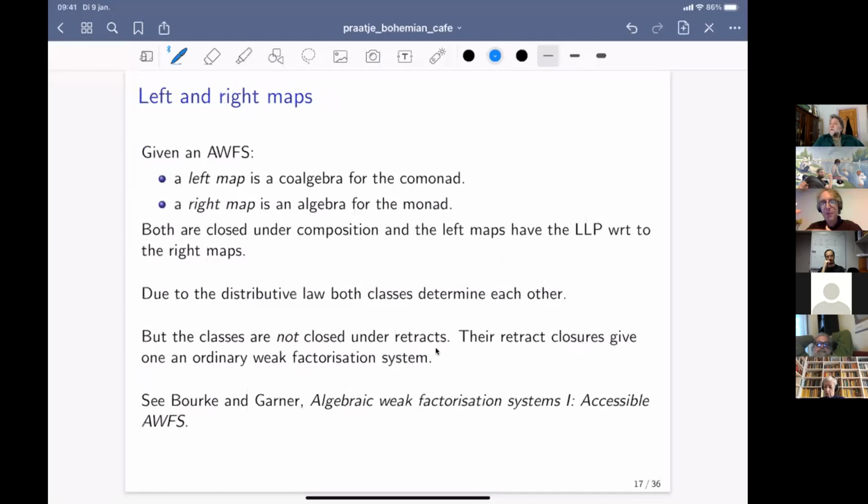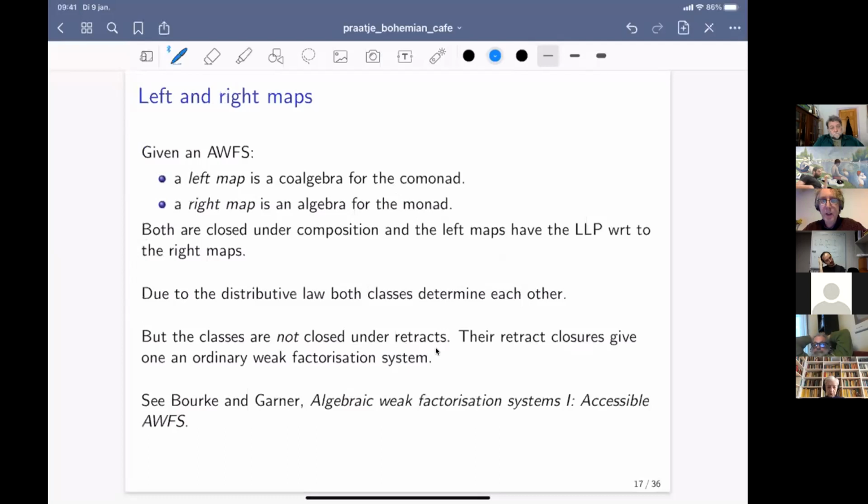You get left maps, which are the coalgebras for the comonads, and right maps, which are the algebras for the monads. You can prove that both are closed under composition, that the left maps have the left lifting property against the right maps, and that you have an explicit choice for these fillers.